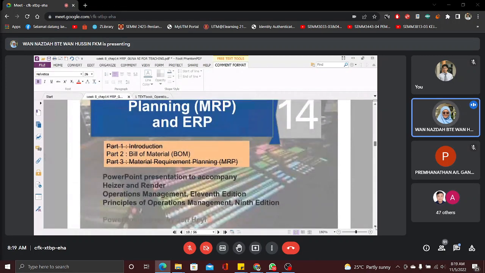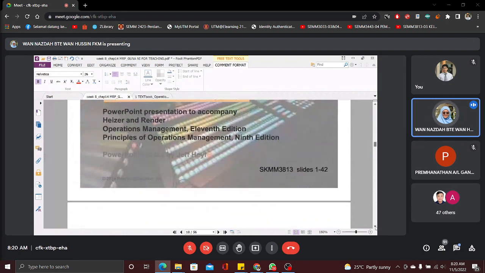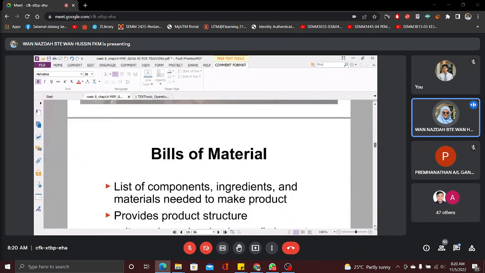Alright, so next is the bill of material. After you have constructed the master production schedule and the aggregate plan, where you have the number of demands by your customer, what you really need to prepare next is the bill of material.